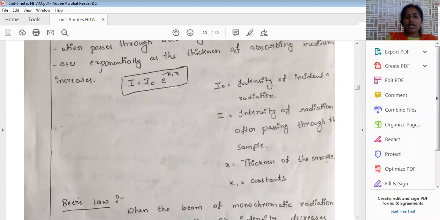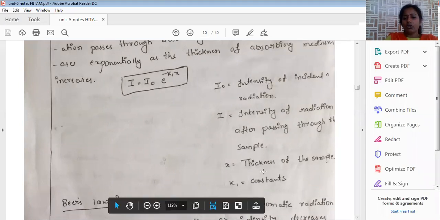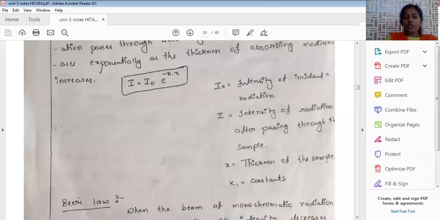So Lambert's law is applied to solid substances, which is why x is the thickness of the sample, and k1 is the constant applied in this law. I equals I naught e to the power minus k1 x. The intensity of incident light decreases exponentially as the thickness of the medium increases.